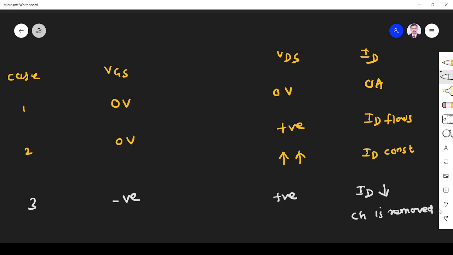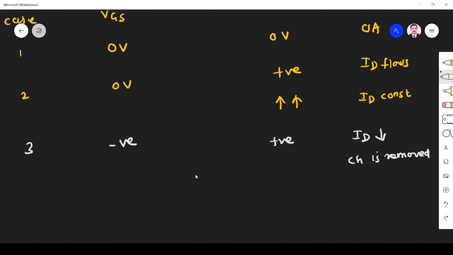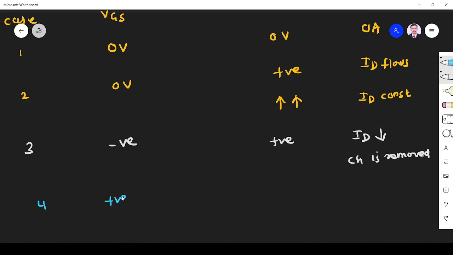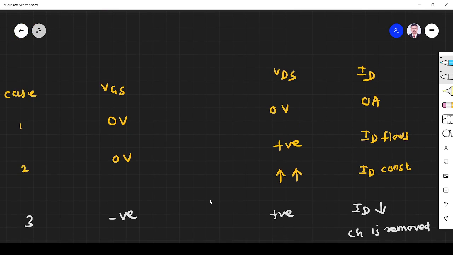This we studied. Okay, and the last case: when VGS is positive and VDS is also positive, what will happen? ID increases, right? So ID increases.